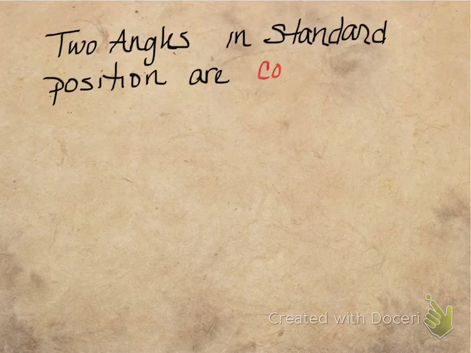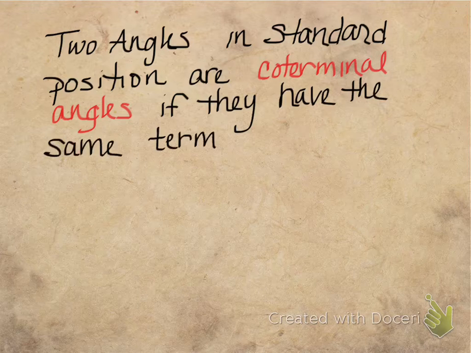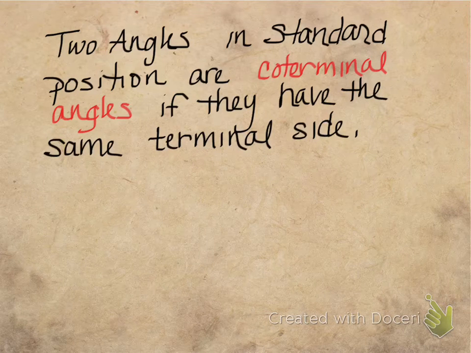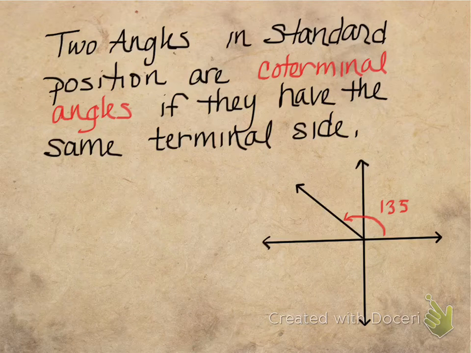Now we're going to be talking about coterminal angles. So two angles in standard position are coterminal if they have the same terminal side. So here's an example. If that's a 135 degree angle, well then coterminal with that, an angle with the same terminal side, would be like the one in blue.